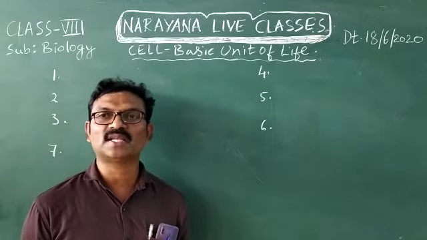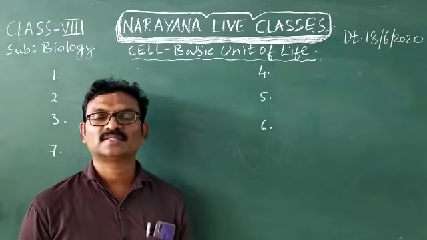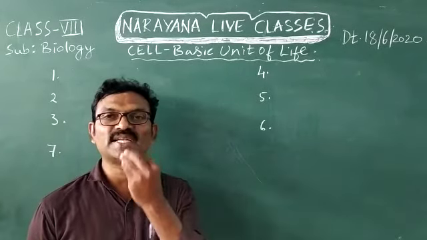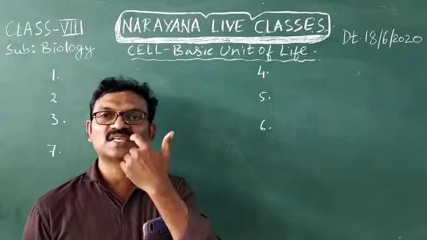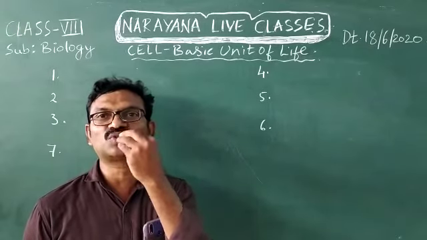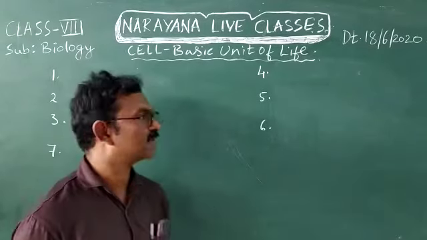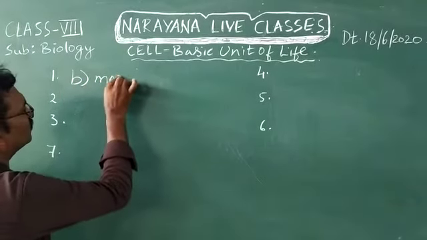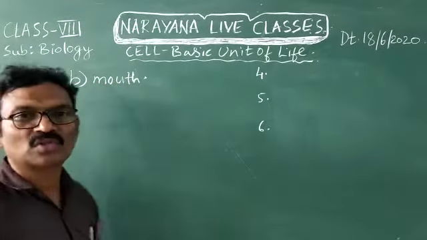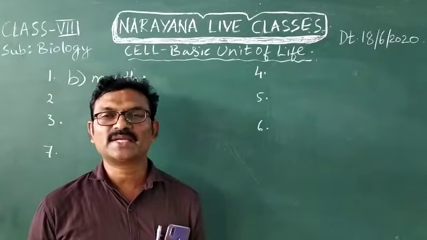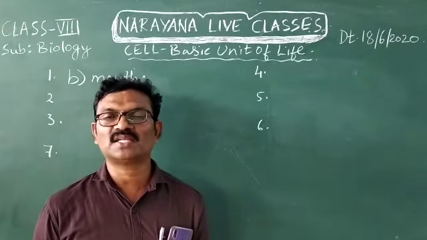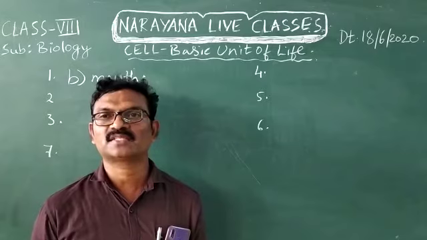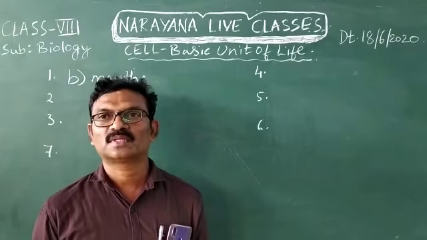Before collecting cheek cells, dash is cleaned. Mouth is cleaned, because cheek cells we are taking out now, that's why mouth should be cleaned. Correct option is B, B for mouth. Second question. To scrap the cheek cells, dash are used.